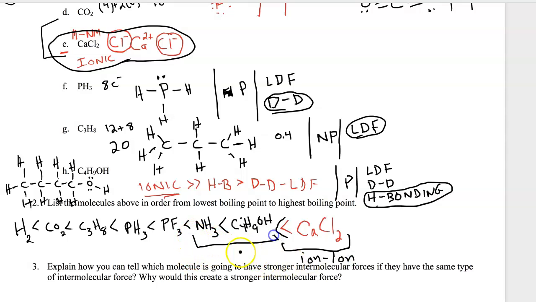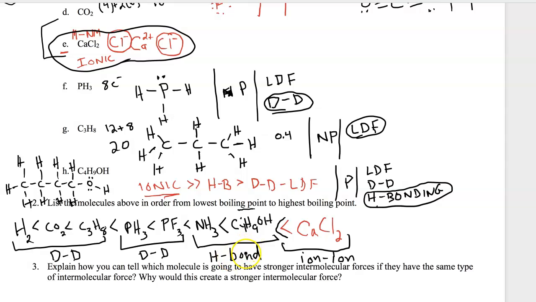The next highest category is hydrogen bonding. And then dipole-dipole. And then London dispersion is generally the weakest. For all of these, though, the bigger molecule usually wins because they all have London dispersion forces. So if we take out ion-ion, because that one's so strong, the reason why C4H9OH is stronger than NH3 is just because it's a bigger molecule.